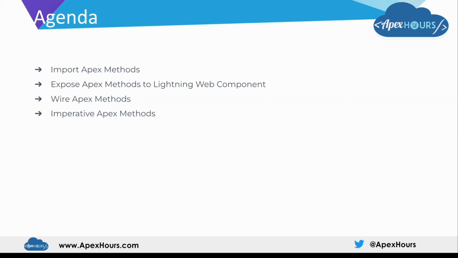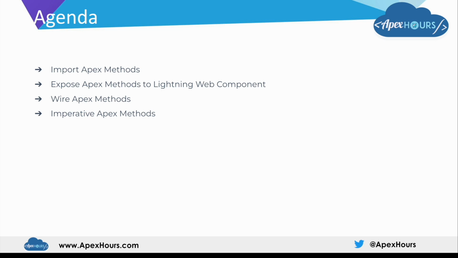The agenda of this video will be to learn more about how we can import Apex method, how we can expose Apex method to Lightning Web Components, how we can wire Apex method, and how to make imperative callouts in Apex. So basically, whenever you have to work with Apex in your LWC, there are two ways you can do it.